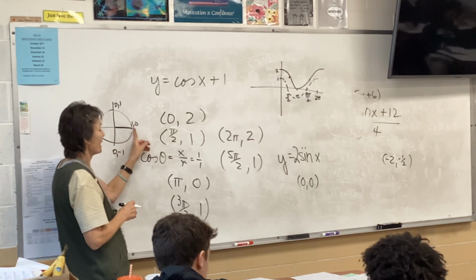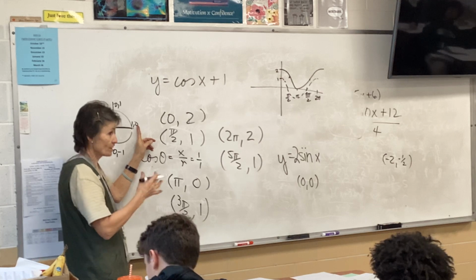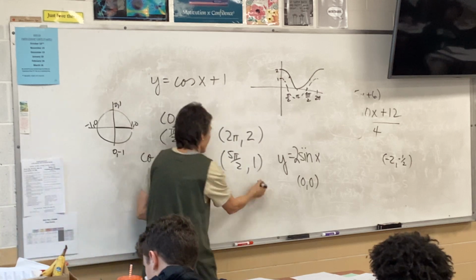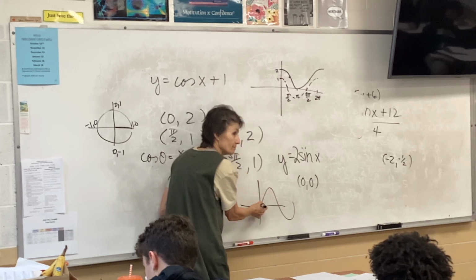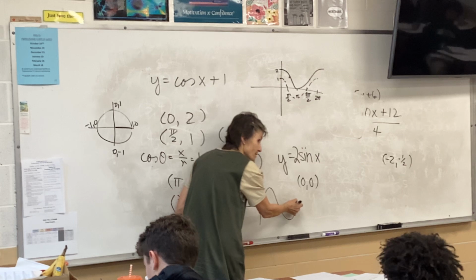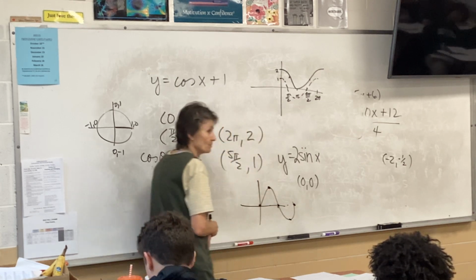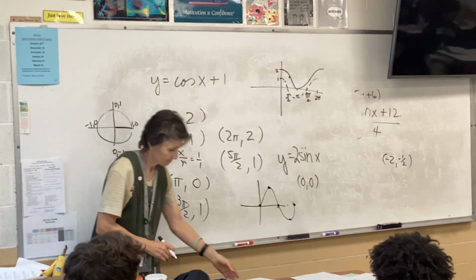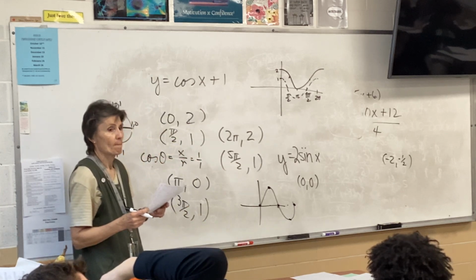First of all, at 0, the sine is 0, so times 2 is 0. Another reason is when you graph that, right there it is, 0, 0, pi 0, 2 pi 0, pi over 2, 2, 3 pi over 2, -2. I just happened to see that one. Yeah. All right, what else?